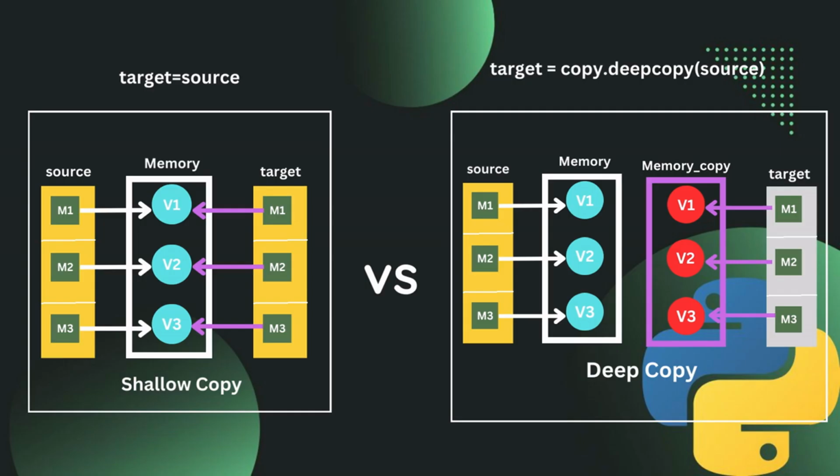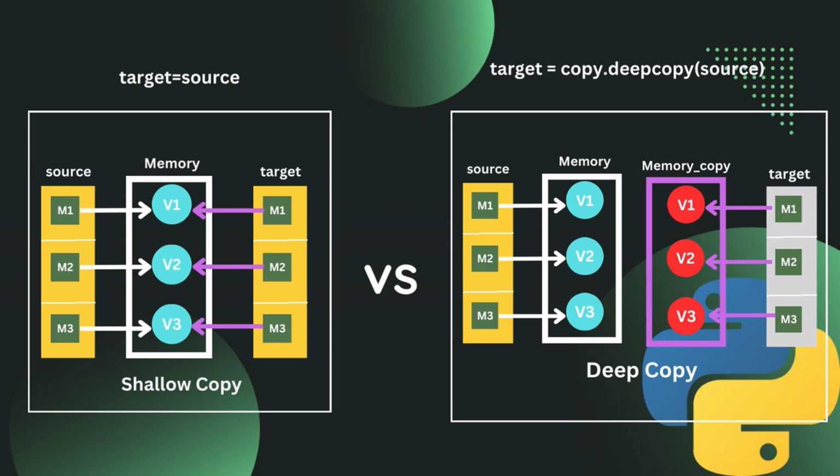So let's summarize the difference between shallow copy and deep copy. In case of shallow copy, when we copy one object into another, only the references will be copied and the target object will also point to the same object where the source is pointing. So both objects share the memory location. That's why the changes made to one object will be visible to another object in case of shallow copy.